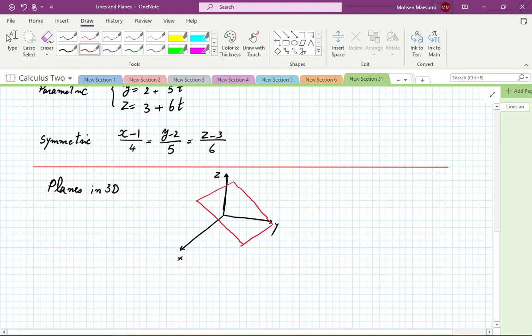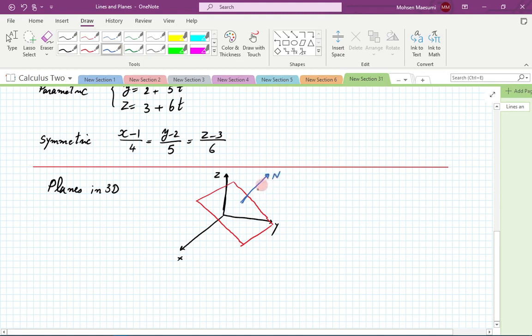Again, there are many different ways of specifying a plane, and you're going to see a variety of them in the homework problems. The standard way of describing a plane is through its normal. So a plane always has a normal. So here I draw a normal.